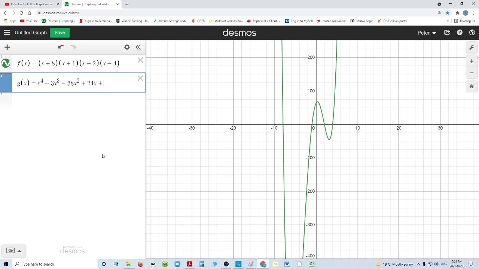And what did I say? Plus 64 or minus 64? Plus 64. So notice we nailed the factoring because it's the same graph.